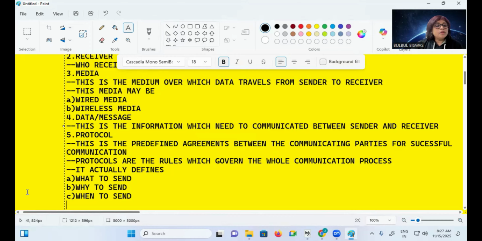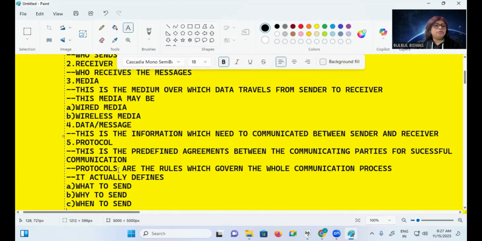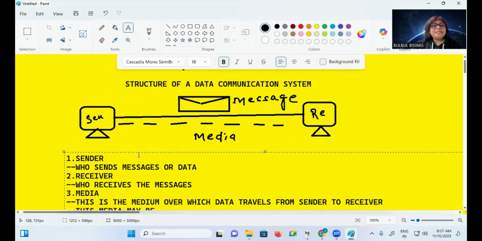Without the protocol, we cannot design any communication system. Protocols define how the sender will send the data, how the data will be structured, and how the receiver will receive the data. This is the basic architecture while designing a communication system. Apart from that, several devices, technologies, software and concepts come into the picture while designing a network.